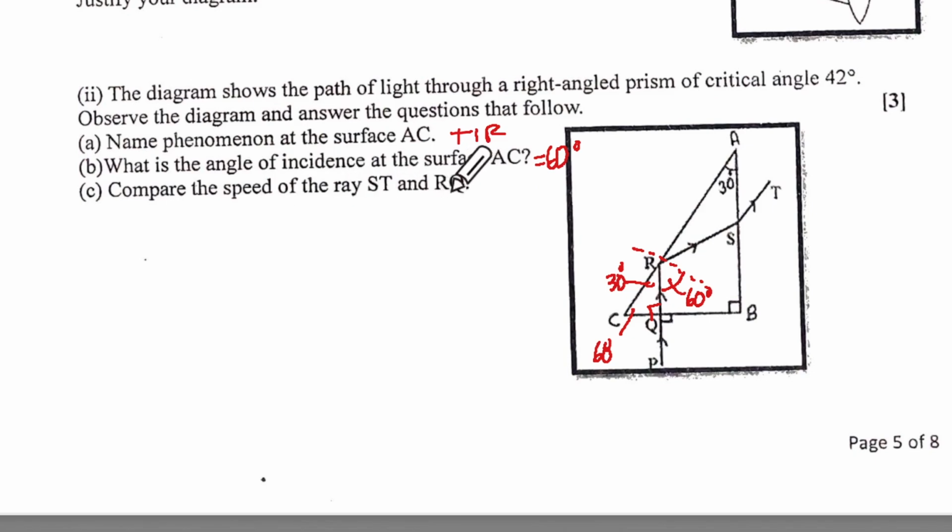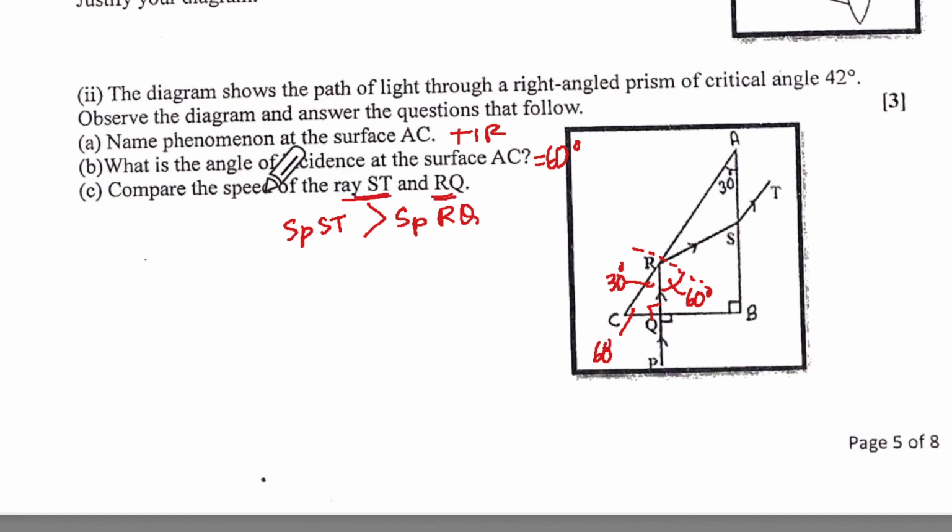Compare the speeds of ray ST and RQ. ST is in the rarer medium and RQ is inside the denser medium, correct? Yes. So the speed of ST is going to be greater. Ma'am, can we write speed of ST equal to speed of light? They are telling you speed of ST ray and RQ ray.